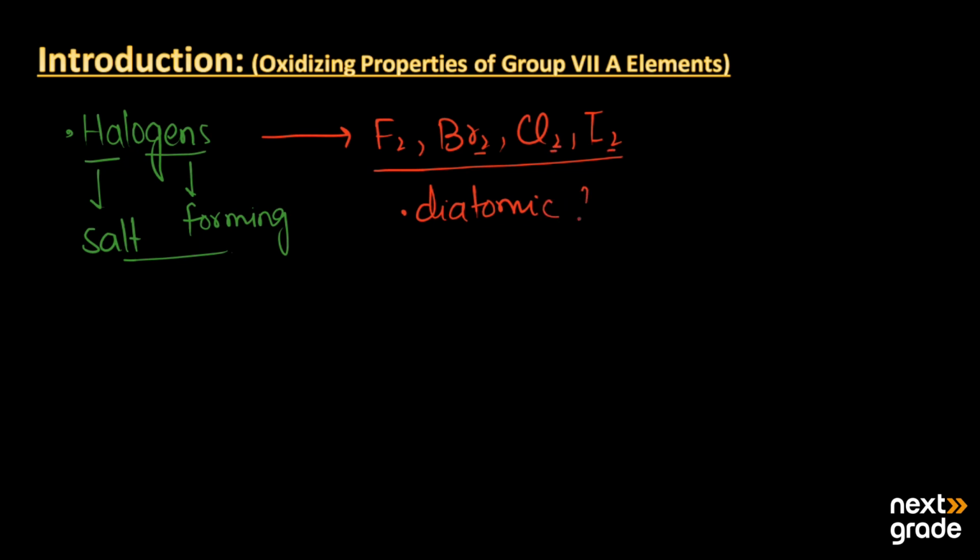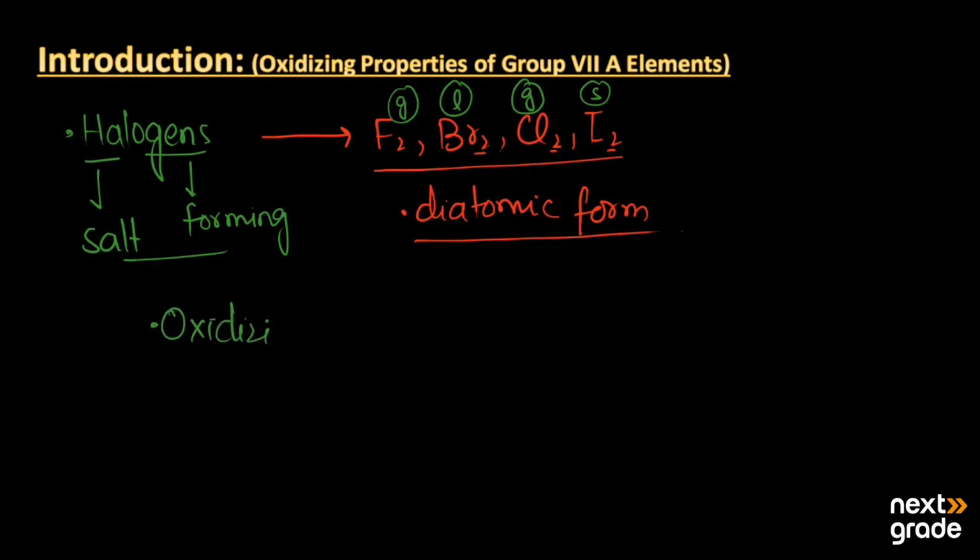Among these, fluorine is present in the gas form, bromine in the liquid form, chlorine is also gaseous, and iodine is present in the solid state. All these halogens can work as oxidizing agents.